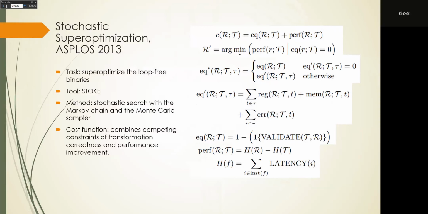In this paper, they turn an unoptimized binary into a program with the same output but with a faster speed. So it is kind of similar to program synthesis, but it also has performance requirements.